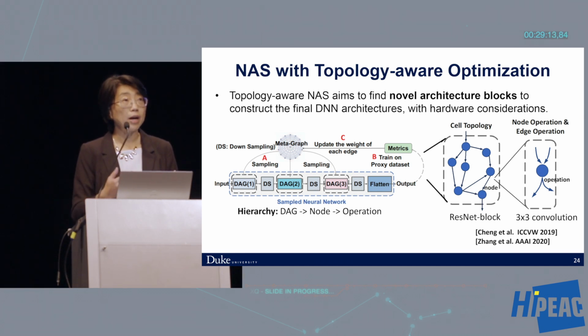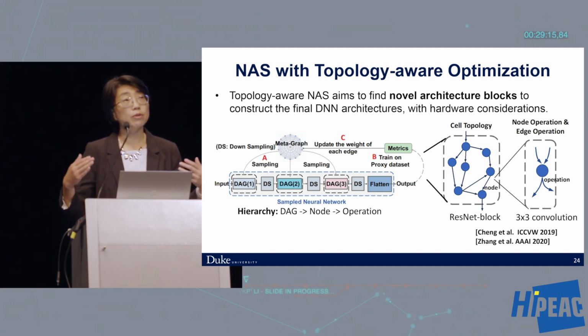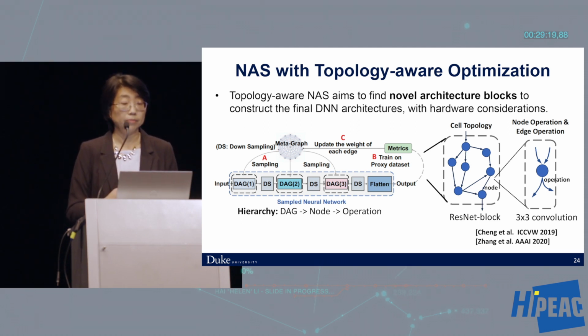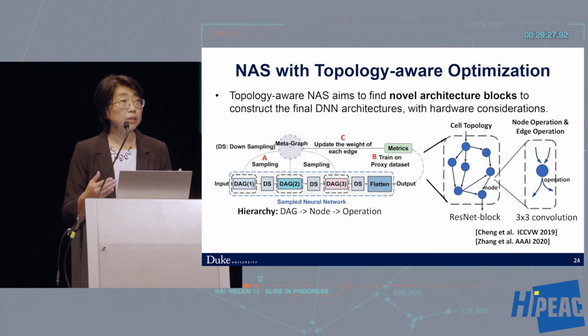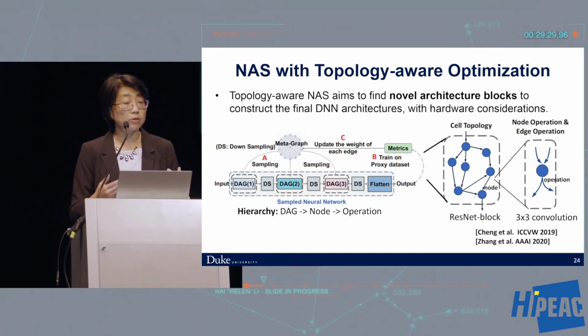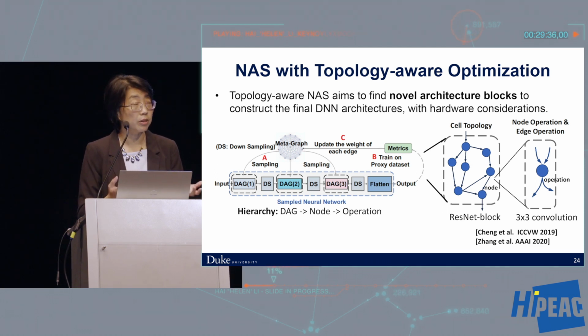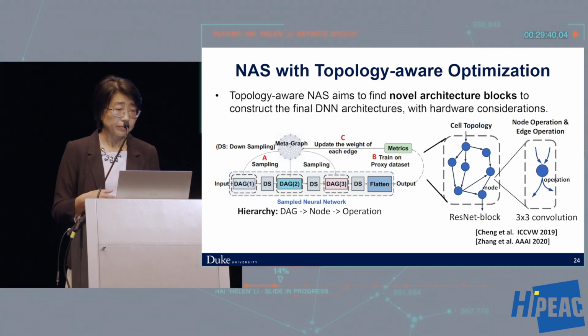We do have a lot of research trying to improve accuracy, for example, for transformers or language processing and so on. But today, I'd like to particularly focus on our efforts on neural architecture search with topology-aware optimization, because the focus is more on hardware efficiency.